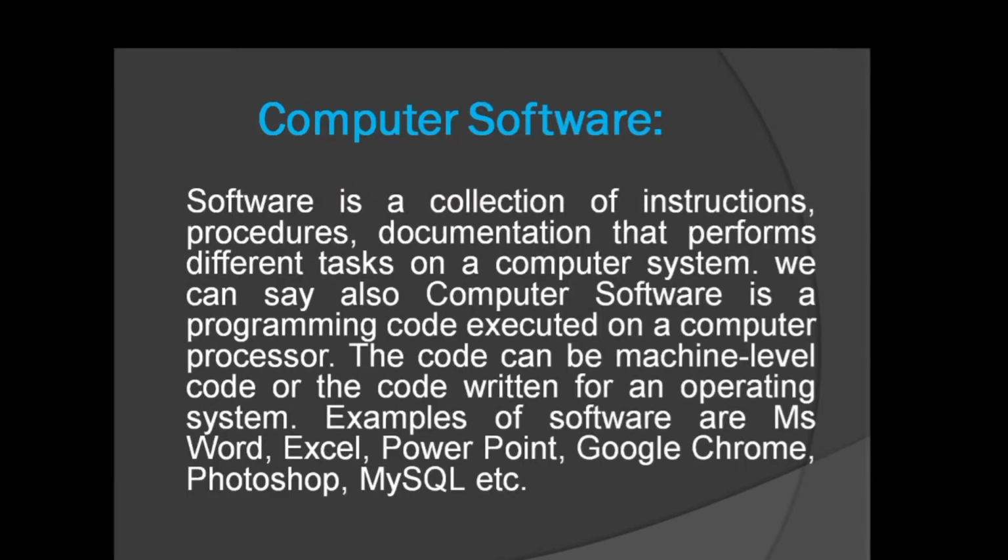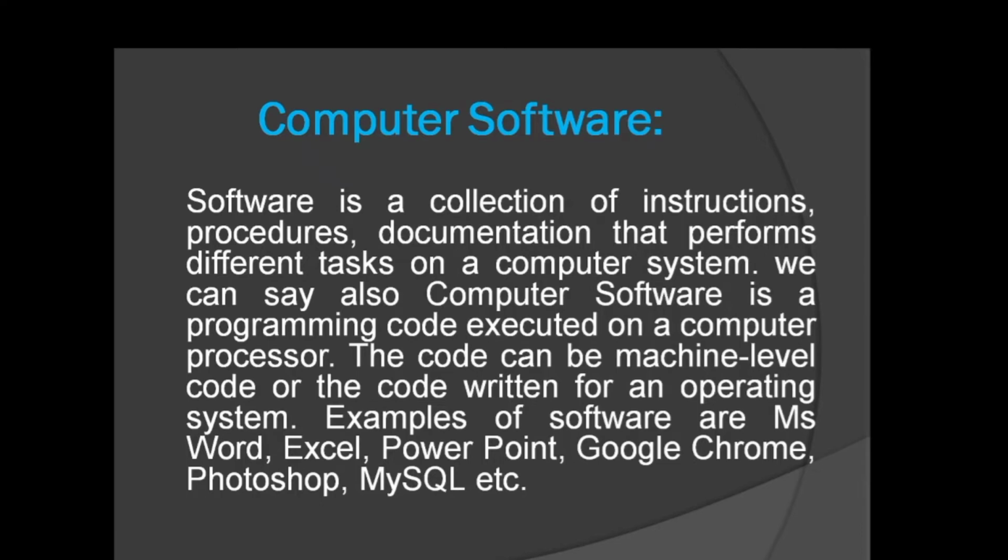Okay, the next is computer software. Software is a collection of instructions, procedures and documentation that perform different tasks on a computer system. We can also say computer software is programming code executed on a computer processor. The code can be machine level code or code written for an operating system.